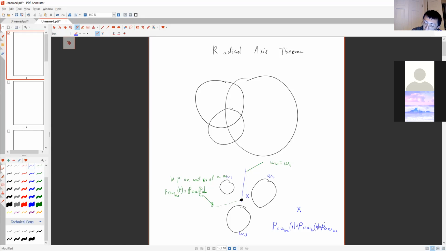So in fact, we get that its power with respect to all 3 circles is the same. But if the power with respect to omega-3 and omega-2 are the same, then by definition, it also lies on the radical axis of the 2nd and 3rd circles, omega-2 and omega-3. So it has to lie on the red line.